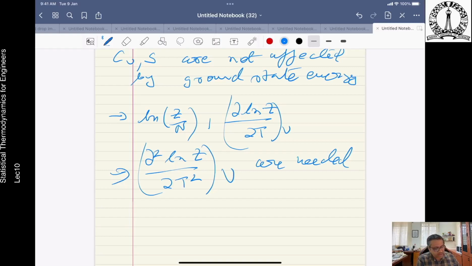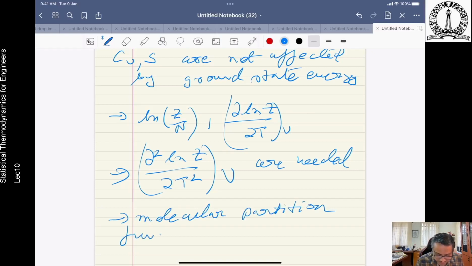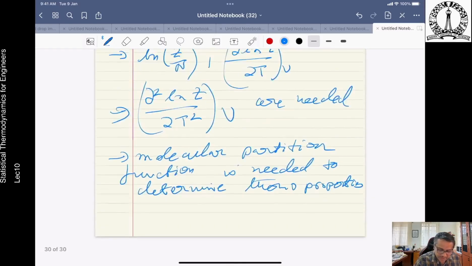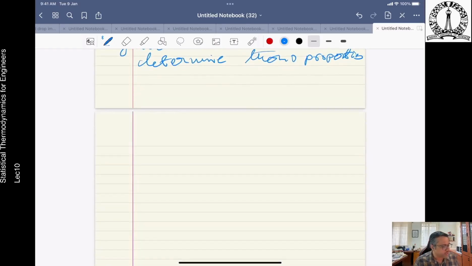So the common theme is that the molecular partition function is needed to determine thermodynamic properties, right?